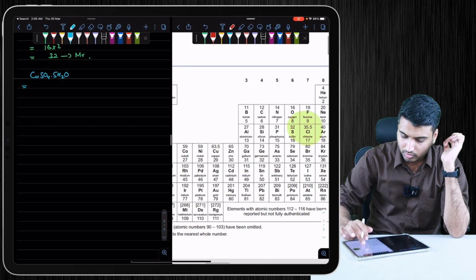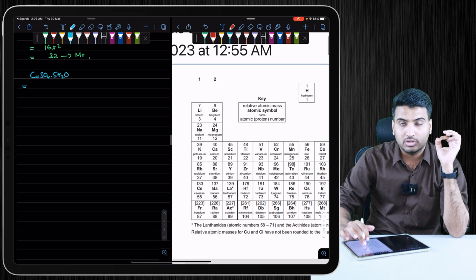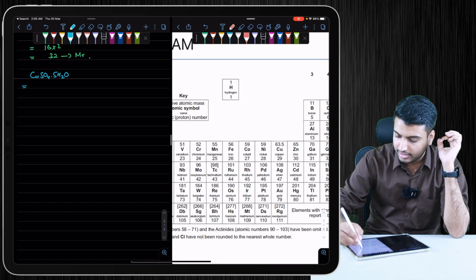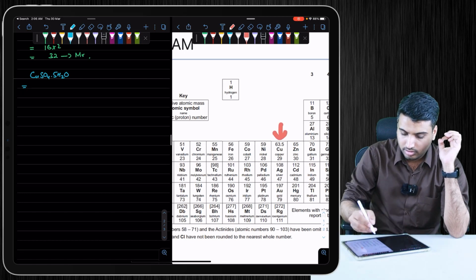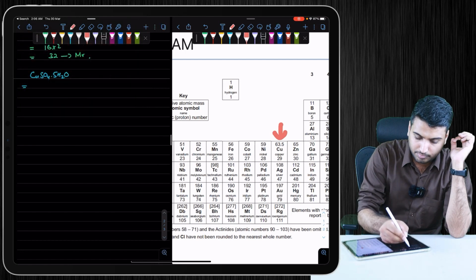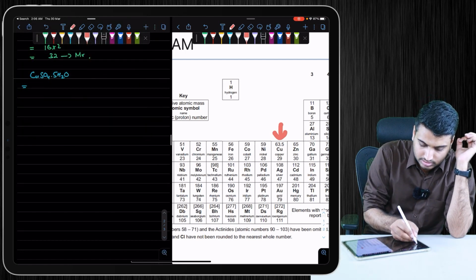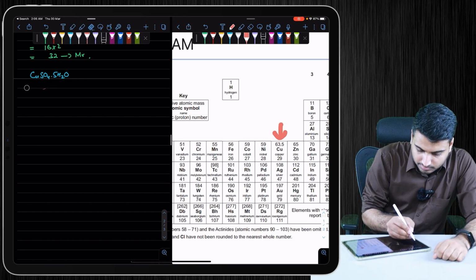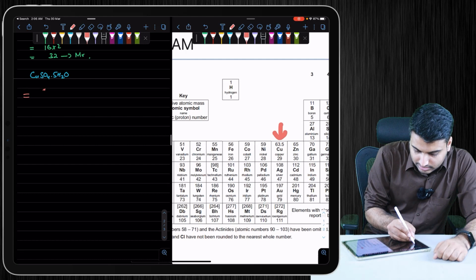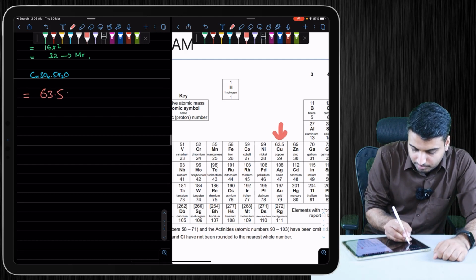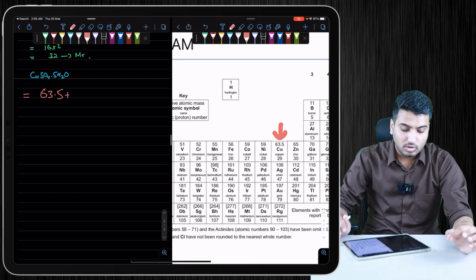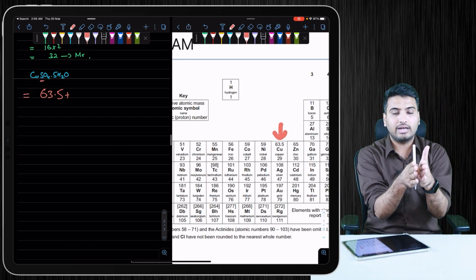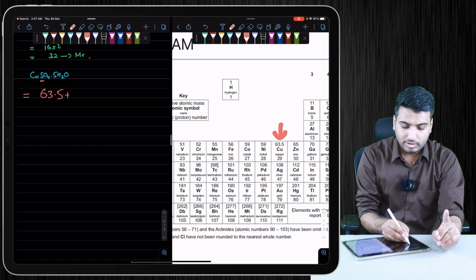The mass of copper is 63.5. As copper is another element, if there is a change of element, we put a plus sign.